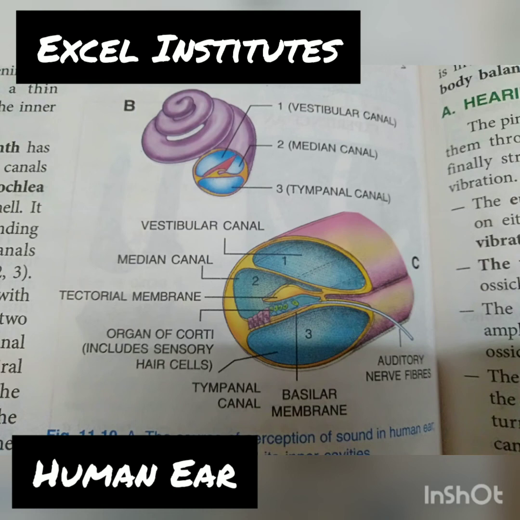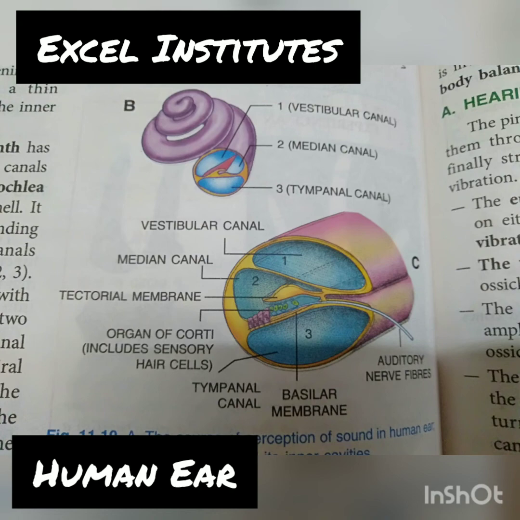Then you can see the basilar membrane. On basilar membrane में sensory cells होते हैं. Okay. And tectorial membrane is a membrane, एक पर्दा जैसा होता है यहाँ पे. Okay. So this is all about your ear structure.